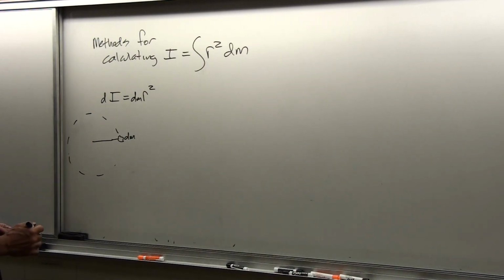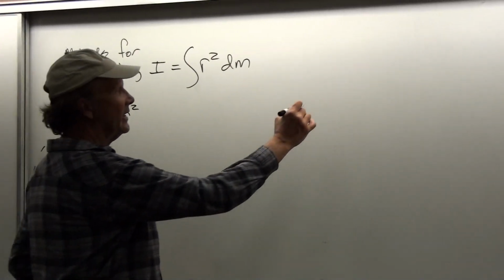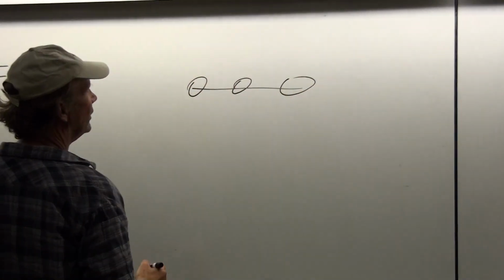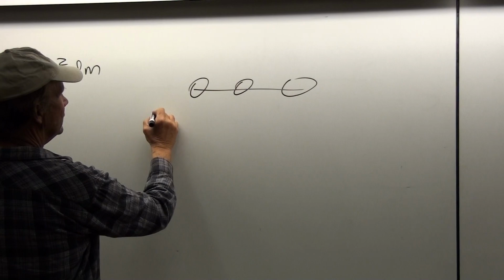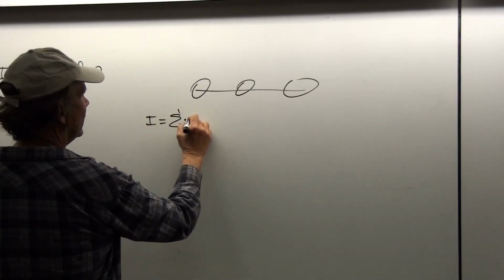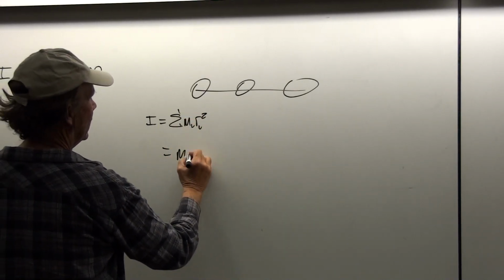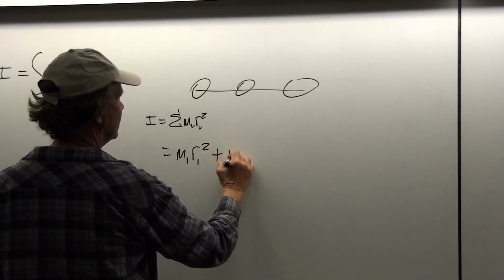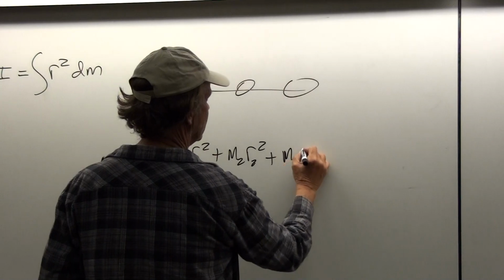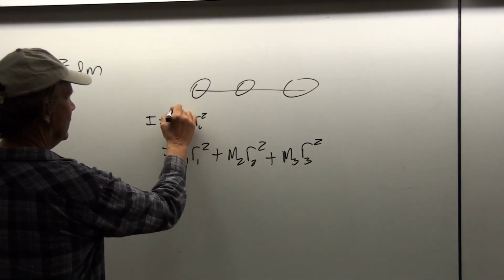If we had several masses and wanted the moment of inertia of all of them, I equals the sum of m sub i r sub i squared. That would be m1 r1 squared plus m2 r2 squared plus m3 r3 squared, the sum from i equals 1 to 3.